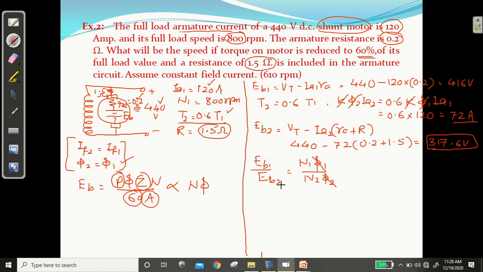So again the same problem. What do we have to find? N2. N2 equal to what? N1 comes here, N2 here, so EB2 comes here, EB2 upon EB1. We have already discussed the same problem. N1 was given, it is 800 RPM, into EB2.